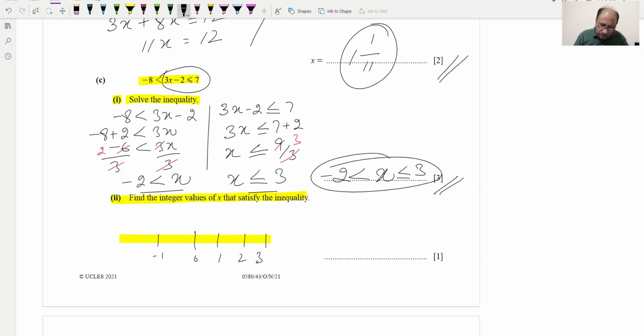So these will be basically the numbers minus 1, 0, 1, 2 and 3. 3 will be included because this side has the less than or equal to symbol, and minus 2 will not be included because this side does not include equal to in the inequality. This was the 1 mark part which we have done.